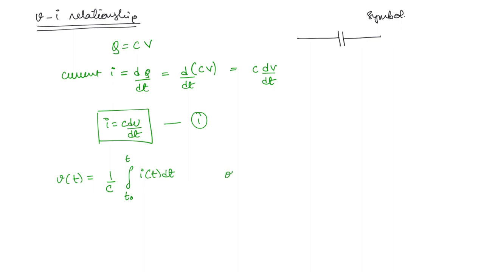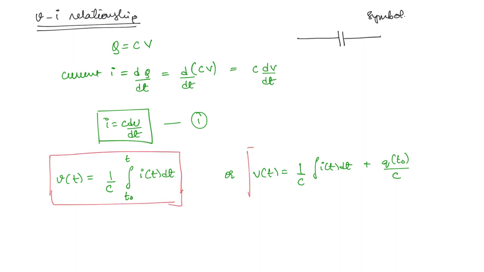Otherwise you can write V of t is equal to 1 by C integral I of t dt plus Q of t0 by C. That means the initial charge divided by the capacitance. So this is the relationship of V in terms of I. And the first relation we saw was I in terms of V.